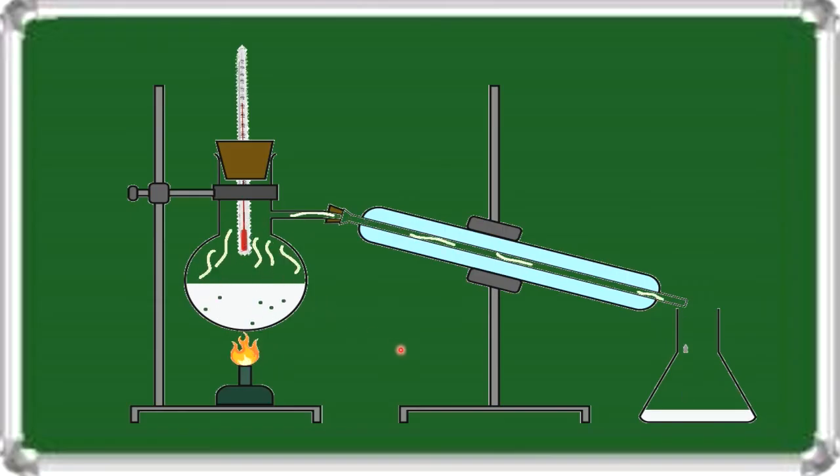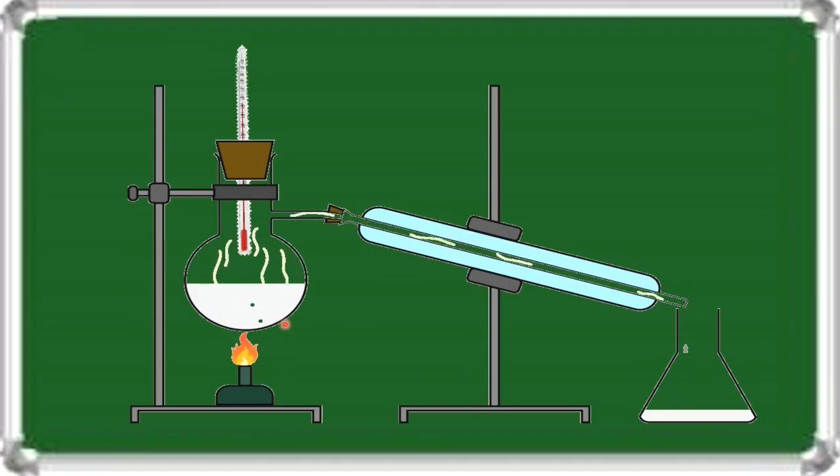So, mas mababa yung boiling point ng alcohol compared sa water. So, nagbo-boil na ang alcohol less than 100 degrees Celsius, while water boils at 100 degrees Celsius. Nagiging steam siya pagdating ng 100 degrees Celsius. Pero ang alcohol, nagiging vapor siya less than 100 degrees Celsius.